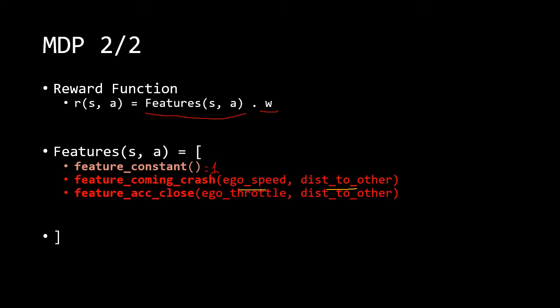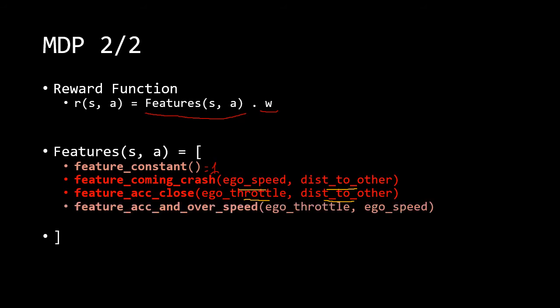A third one, which you also want to penalize because you want to avoid that situation, is the one I've been mentioning: are you accelerating? So is the ego throttle activated when you are close to the other one? Again, you want to avoid that. The fourth one you want to avoid is driving faster than the speed limit.